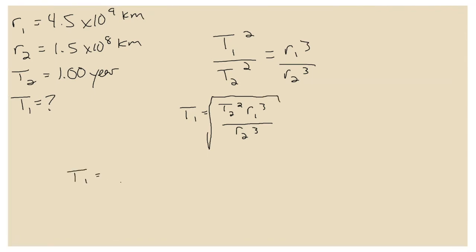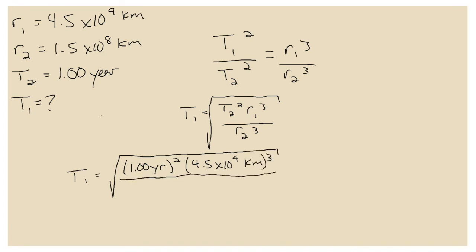And so basically this reduces to a fairly straightforward plug-in. T2 squared is 1 year. You got to square that. Times R1 cubed. So that's going to be 4.5 times 10 to the 9 kilometers cubed. And then divided by R2 cubed, which is 1.5 times 10 to the 8 kilometers cubed. Now remember, the kilometers cubed, they're going to cancel.